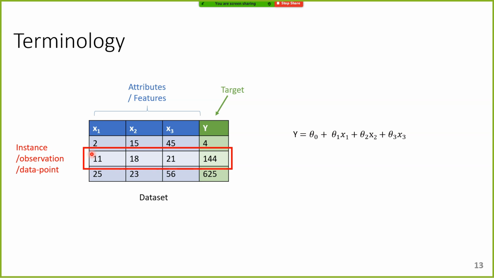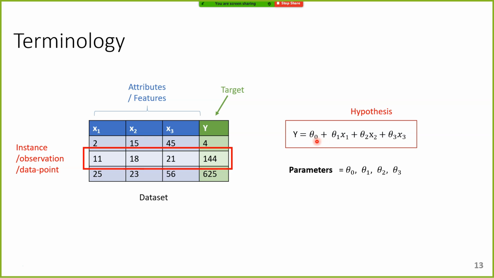Each row of this data is called an instance, observation or data point, and the expression with which we express the target variable in terms of these attributes is called the hypothesis.